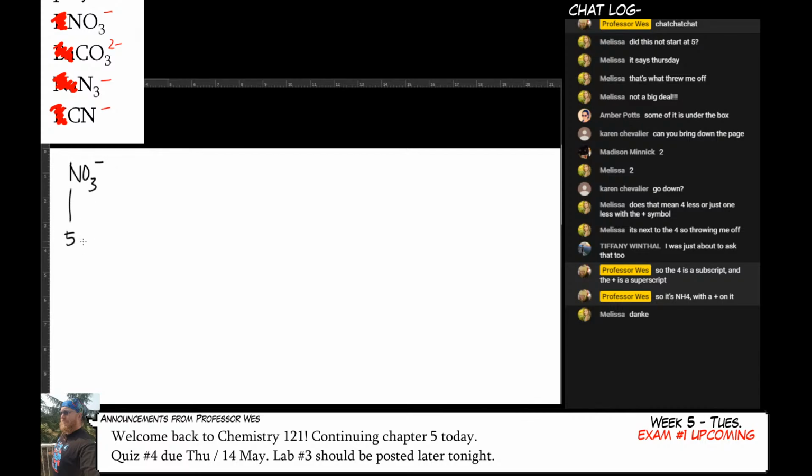So nitrogen has 5, oxygen has 7, and there are 3 of them. And this minus sign means that I add an additional electron. So the total number of electrons here should be 21.